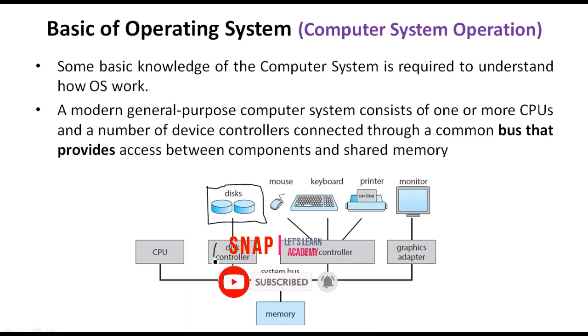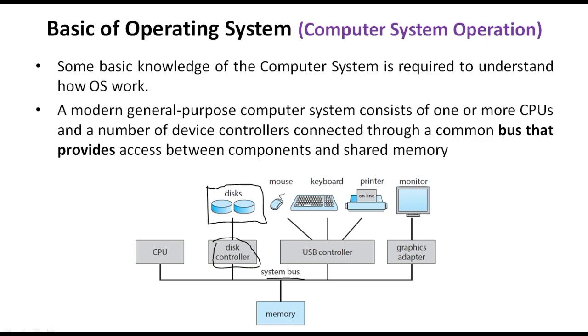Controllers can control this device, and writing or reading to the disk is controlled and done by this disk controller. Now what happens when we want to read from the disk? The disk controller reads that data, and to display that data from the disk on the monitor we use the system bus, right?